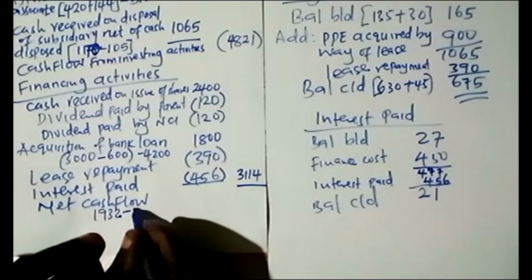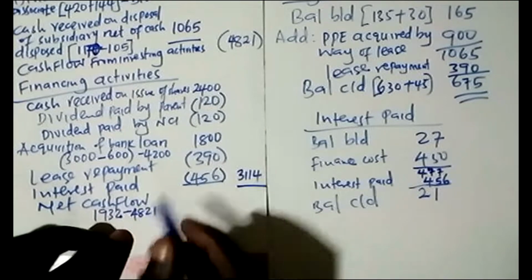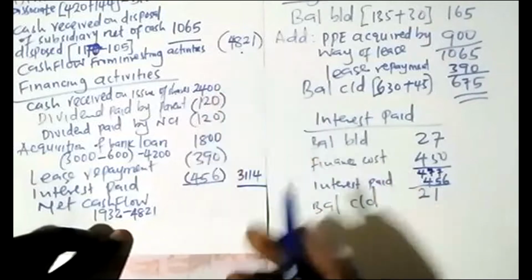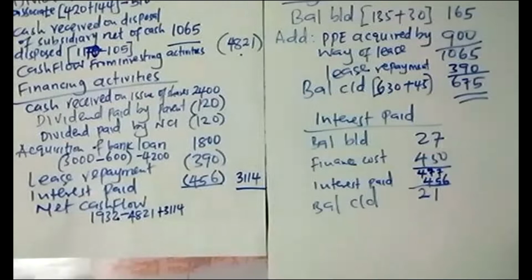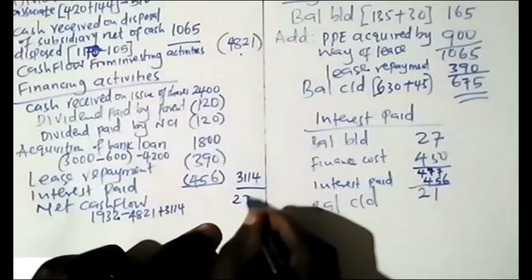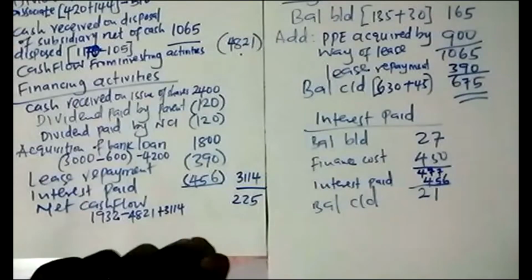I have to minus the 4821, this one. Then I have to add 3114, the one for financing. So 1932 minus 4821 plus 3114. So I'm getting 225.